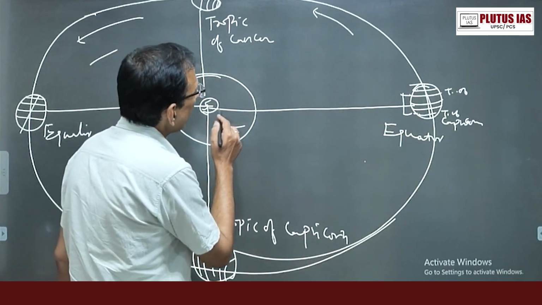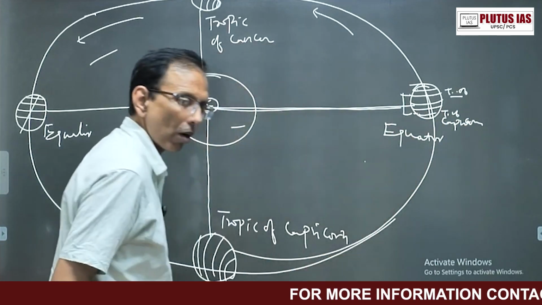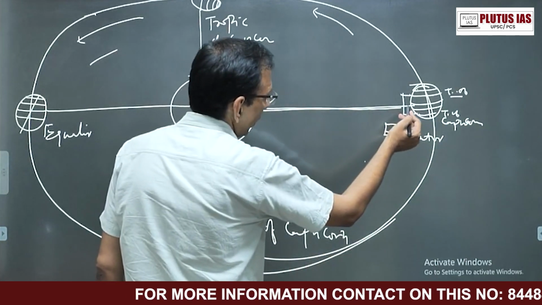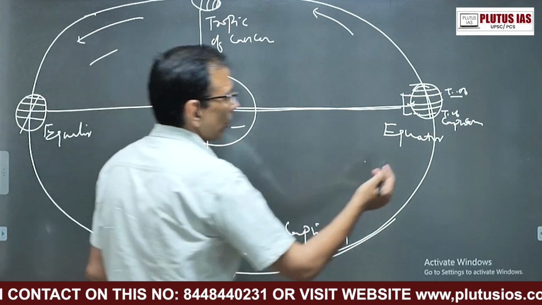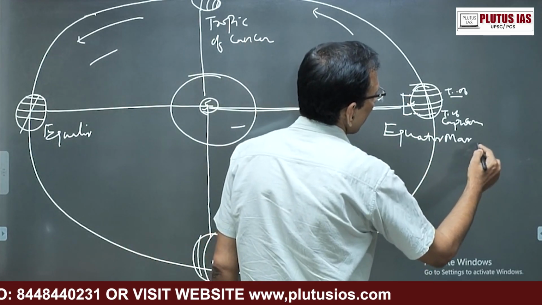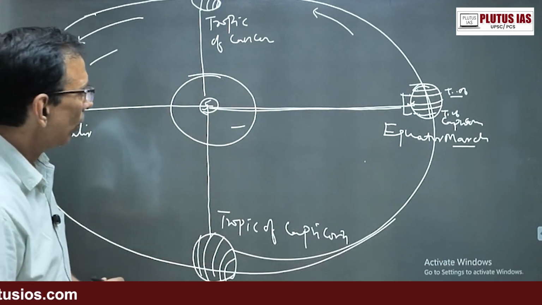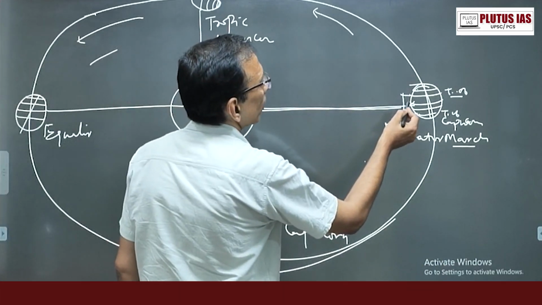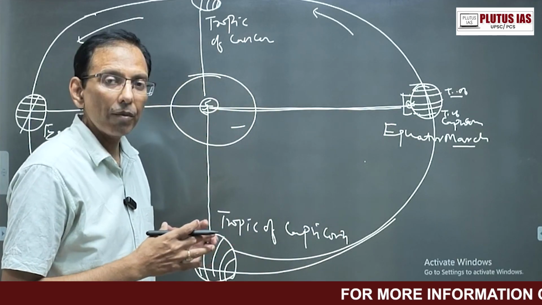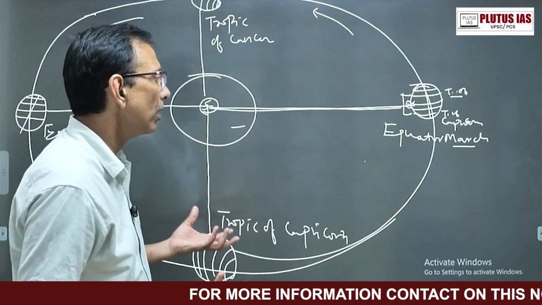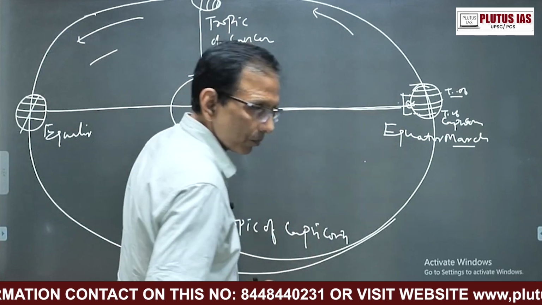How does it happen? When the Sun is appearing over the equator during the month of March, while the Earth is revolving around the Sun, the region of the equator will be more evaporating, and there is significant development of a low pressure region over the equator.